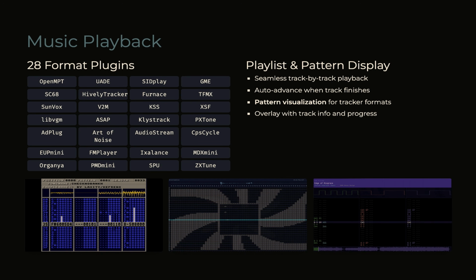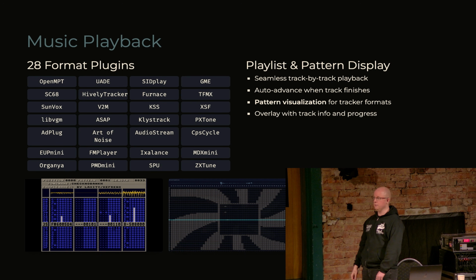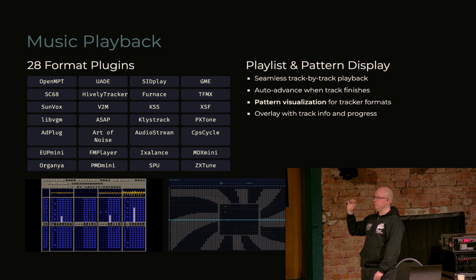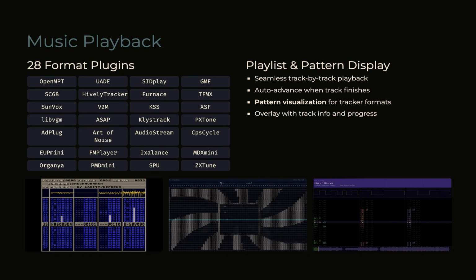Another thing that I find very important is to have good music playback. So I have right now supporting 28 plugins, and I think these plugins cover around 600 formats or something like that. Because many of these formats, like UAD and OpenMPT, for example, support more than one format.